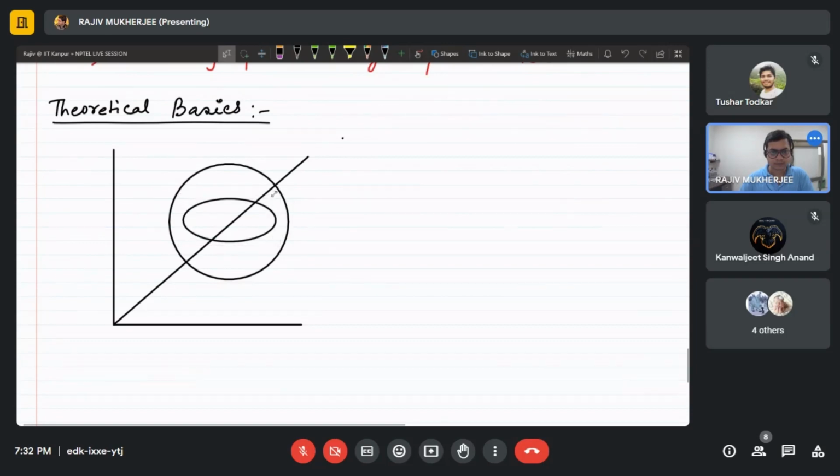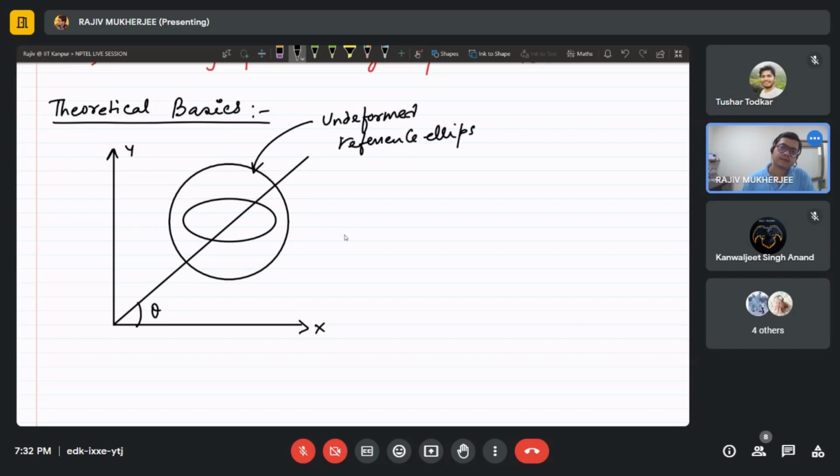So this is the undeformed reference ellipse, right? And this is the initial elliptical object.